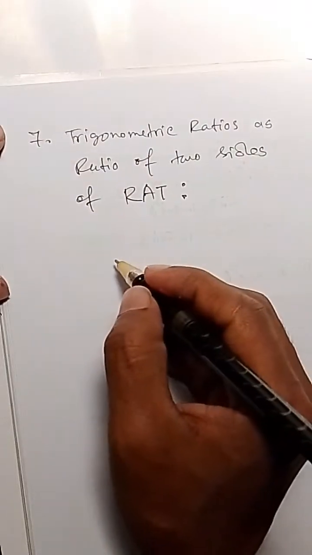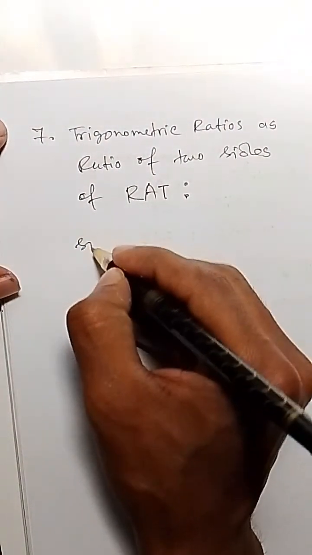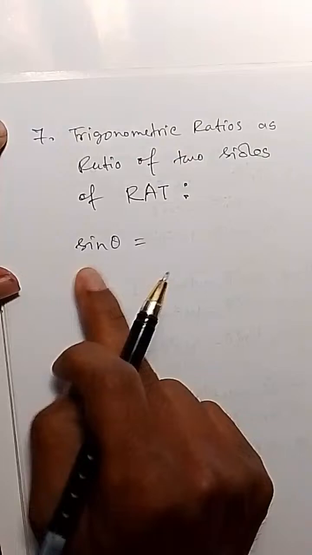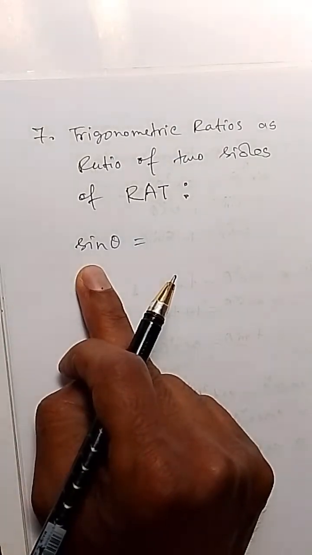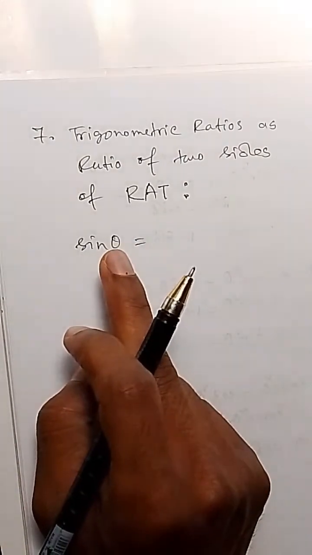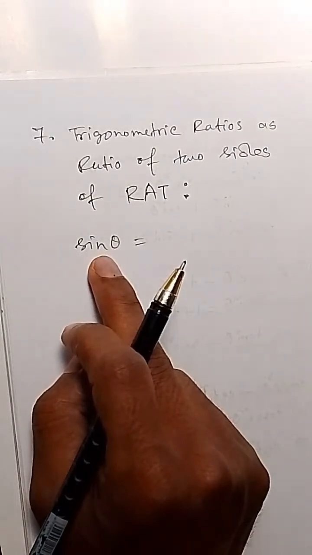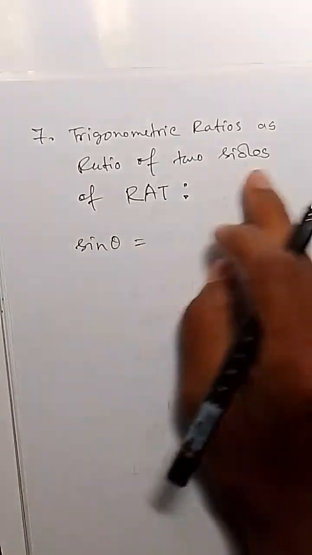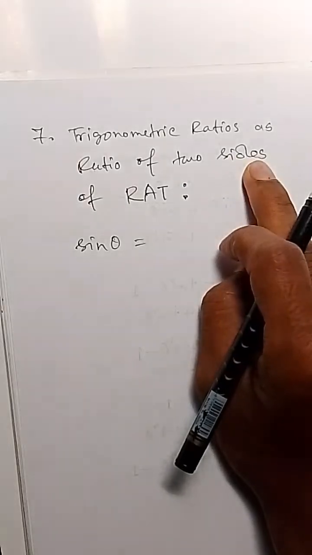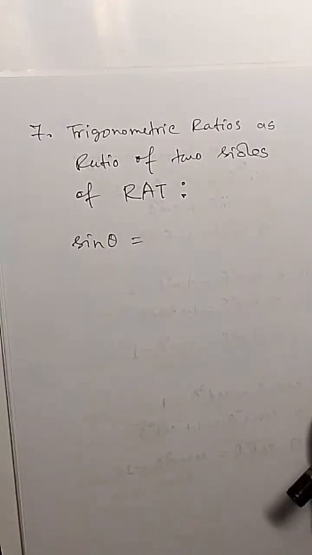So we had sine theta, right? Sine theta is a trigonometric ratio, and this ratio is the ratio of two sides of a right angle triangle.